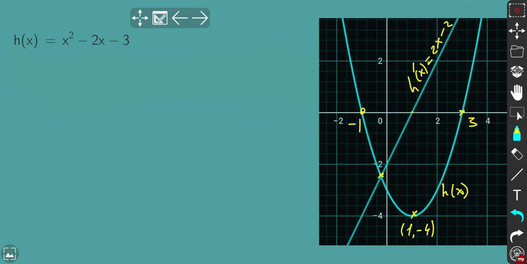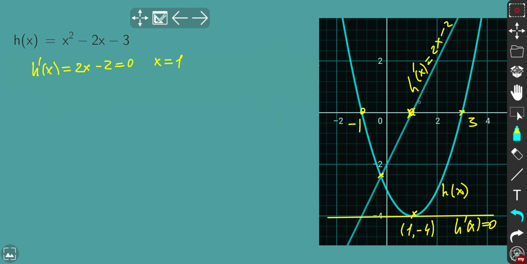At the turning point with x equals 1, h prime of x should be 0, right? And indeed, this is exactly that point. If you equate h prime of x to 0, which is 2x - 2 equals 0, you'll find that x equals 1, as we did before.